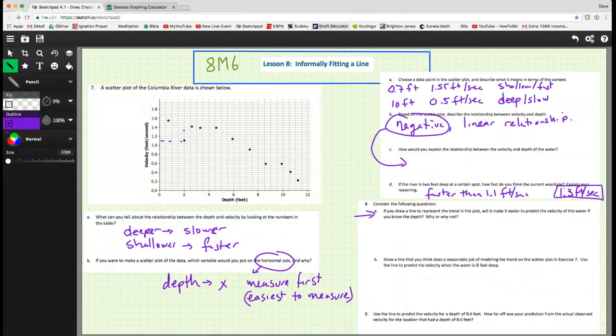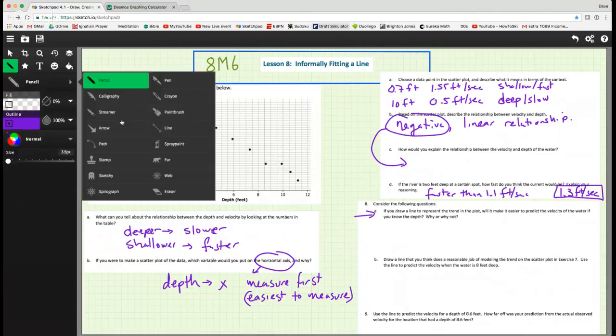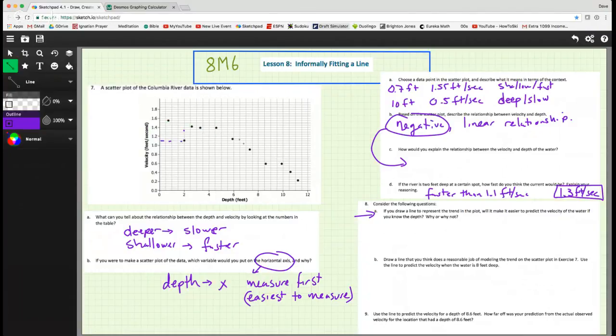Okay, so now let's draw a line to represent the trend in the plot. So I want you to try to do this in your book. And I think what you want to make sure you do is make sure there's the same number of points above and below the line. So I'm going to do that.